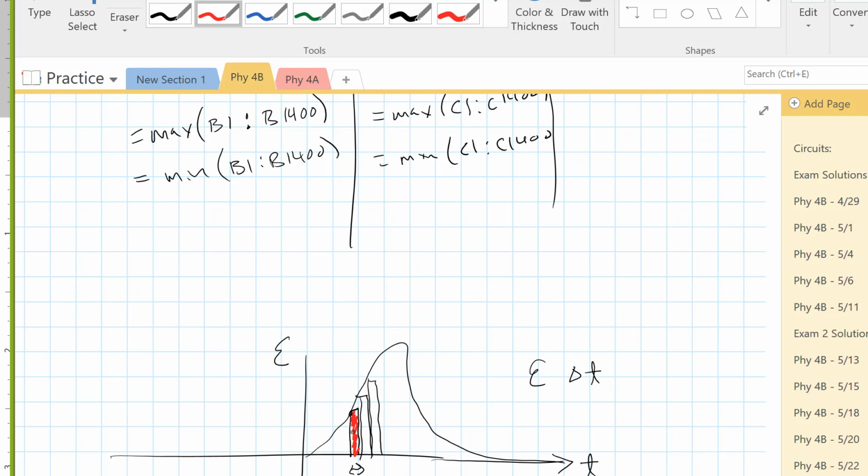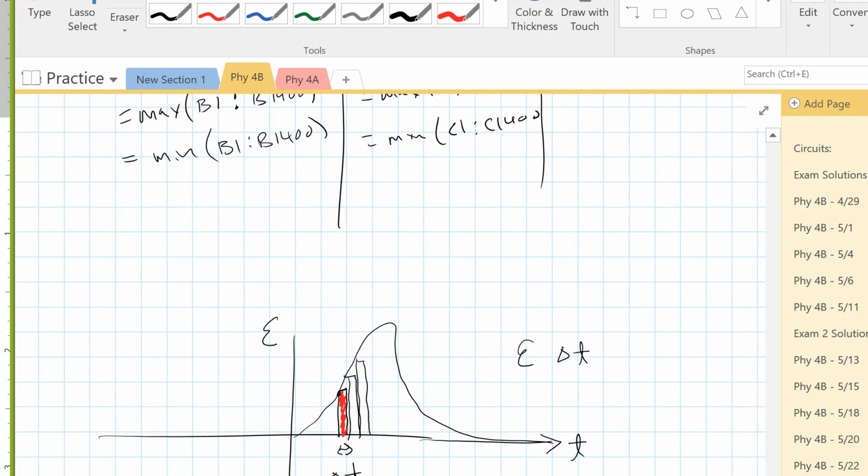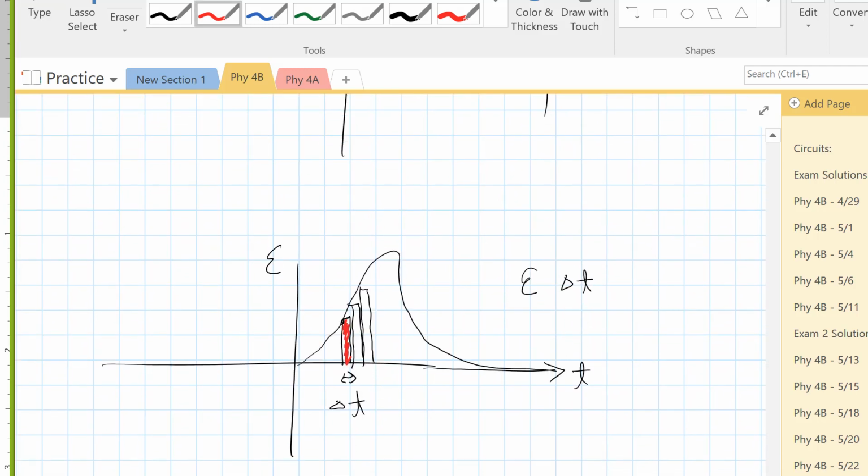Is this constant or is it changing as we change the height? So instead of multiplying E times delta t, since the delta t's are all the same for 30 centimeters, 40 centimeters, 50 centimeters, 60 centimeters, let's just add up all the E's. So we wanted to sum all of these, but what we're going to do is just sum the E's. It's proportional, because the delta t's are all the same for all of them.